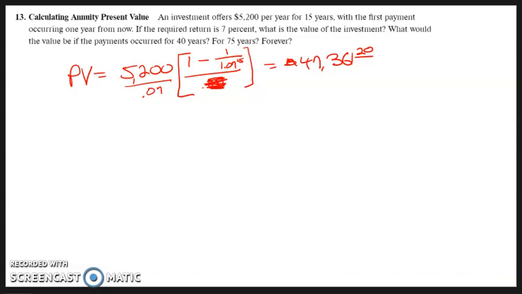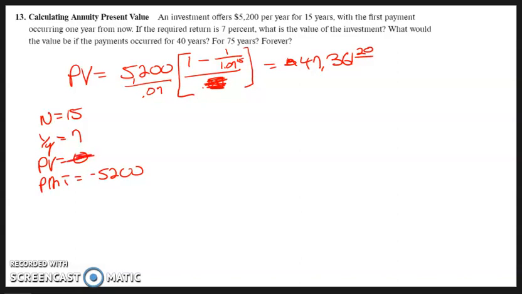If we're going to do this on the calculator, N would be 15, I/Y 7, PV is 0, payment is 5,200. Recall in the previous problem we used the cash flow function on the calculator, but if the cash flow is constant, we can use the time value of money keys.